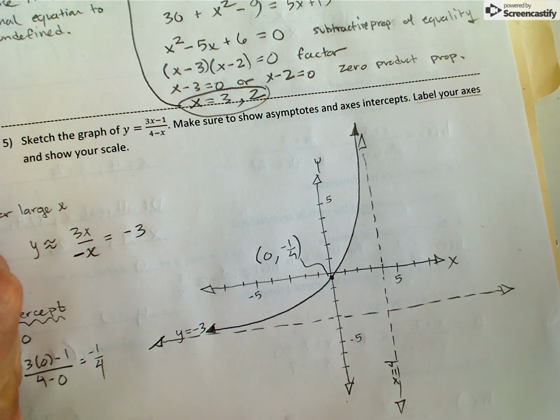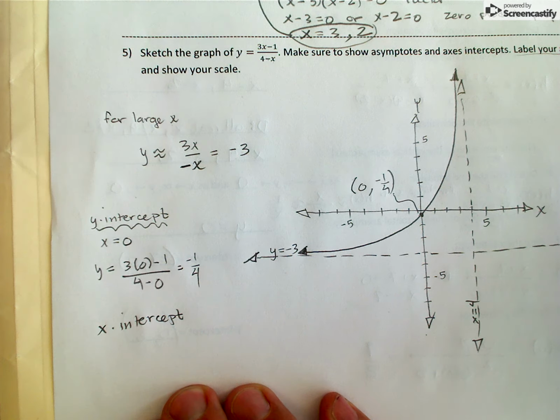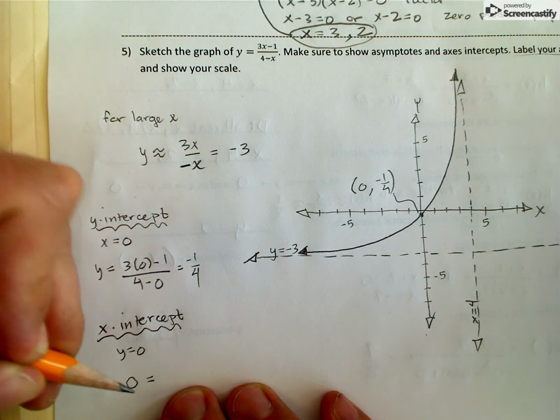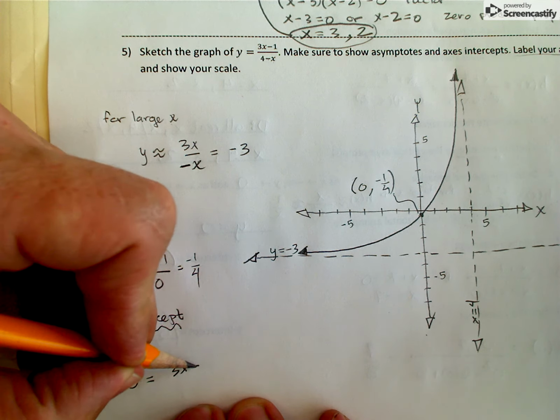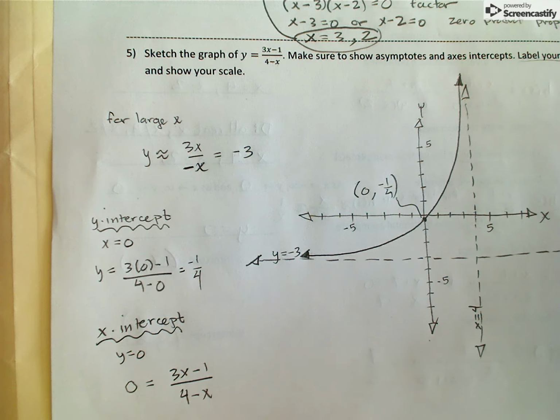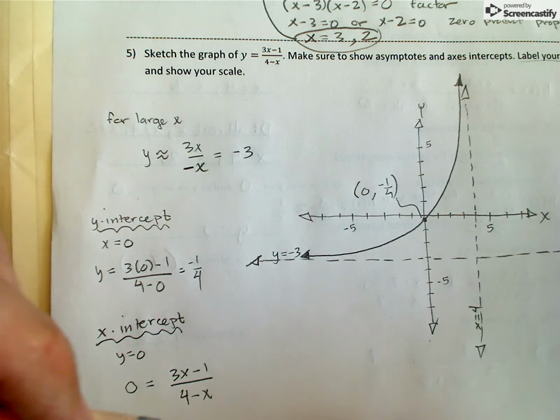But let's just do the math for the x-intercept. At the x-intercept, the value of y equals 0. So I want to solve this equation: 0 equals 3x minus 1 divided by 4 minus x. Now, obviously I can't have x equaling 4 in this equation, but I know that if the top is equal to 0 and the bottom is non-zero, then my quotient will be 0.